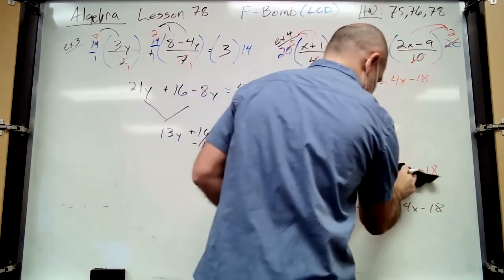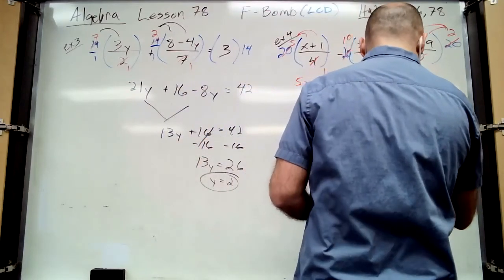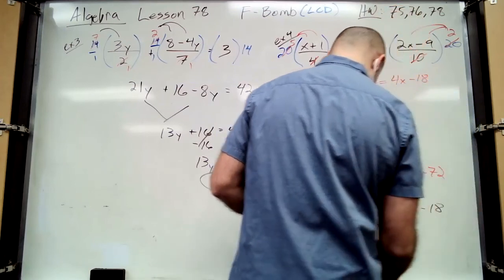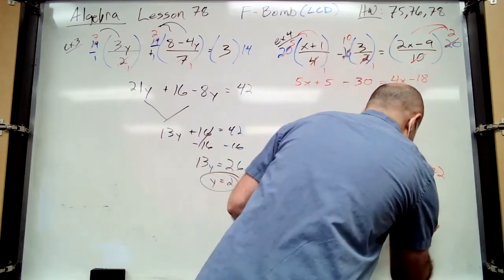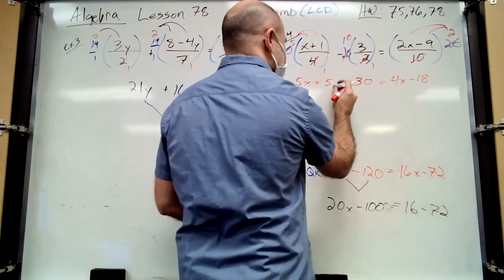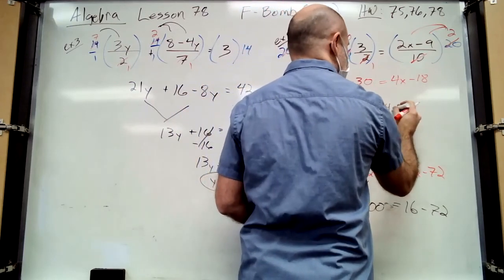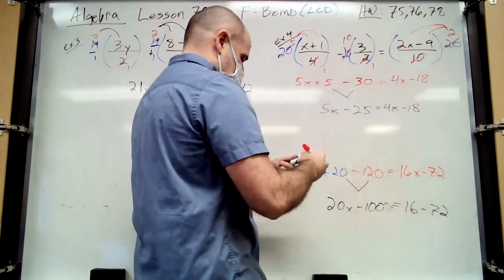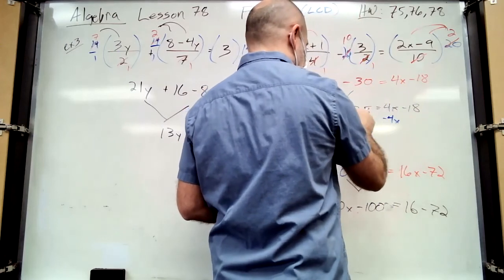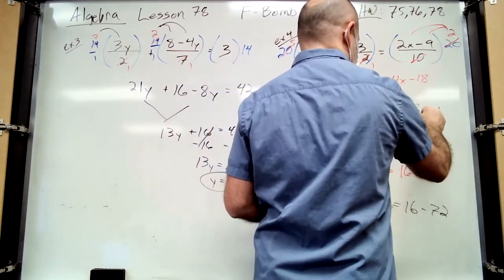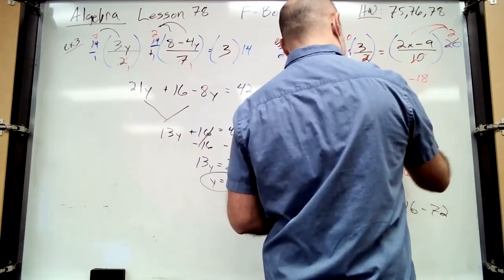So this one is, what was that? 16x minus 72. Okay. So 16x minus 72. Up here, we're going to combine these guys here. So this is 5x minus 25 equals 4x minus 18. So now I'm going to get rid of the smaller variable term. And at the same time, I'm going to get rid of 25 by adding 25 to both sides. So I get x equals 7.